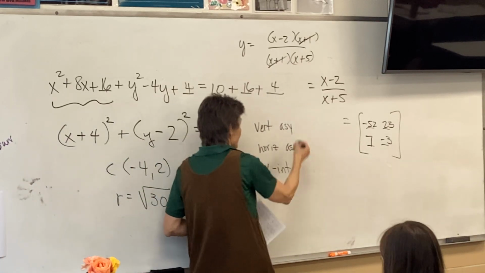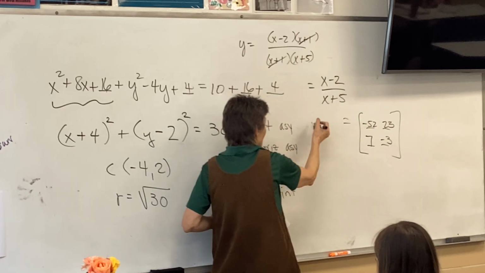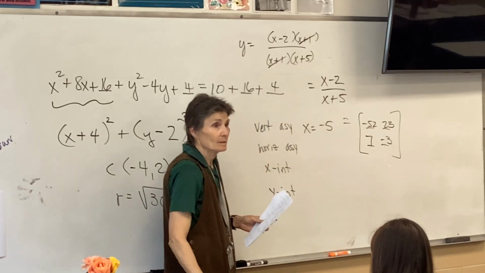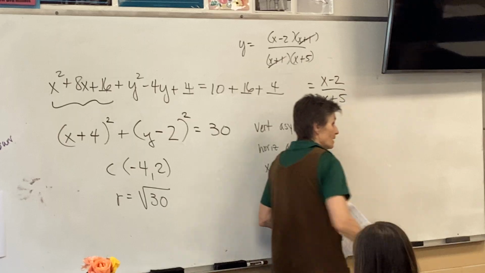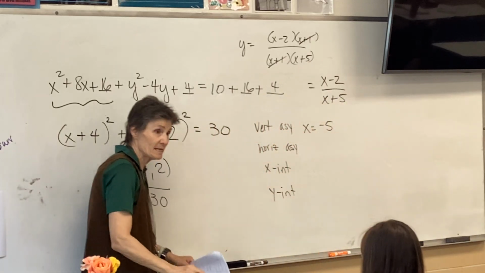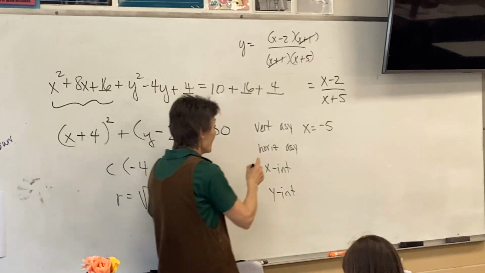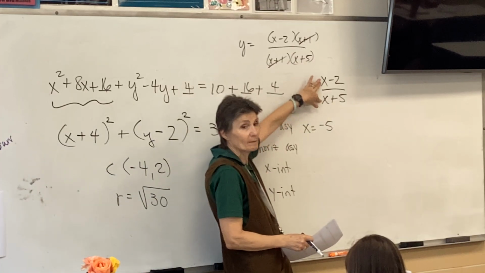Okay, tell me what you know. Let's fill in these things now. Can you tell me what my vertical asymptote is? X equals negative 5. If you forgot, what note are you making to yourself? Vertical asymptote comes from the denominator. The horizontal asymptote is the limit. What's the limit of this? We just talked about that, 1.